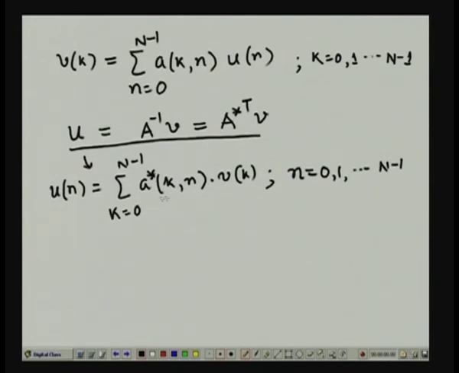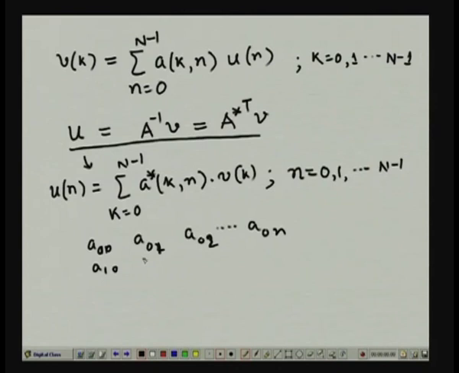Now, what is this A star k n? If I expand this matrix A, it is of the form A 0 0, A 0 1, A 0 2 up to A 0 n.